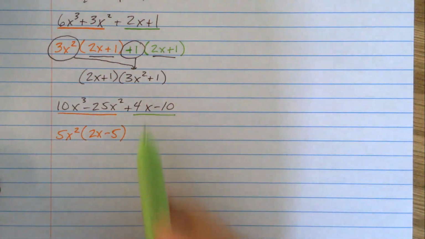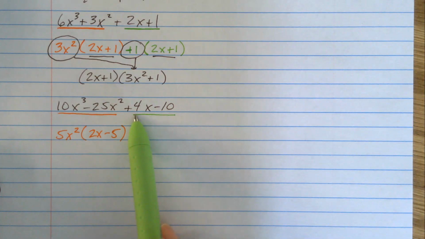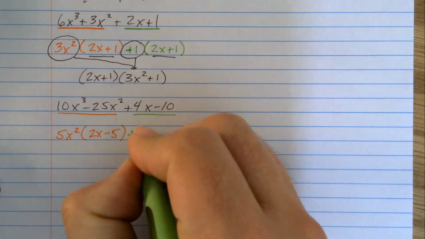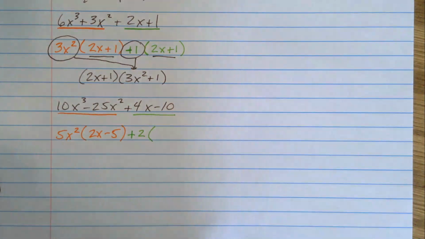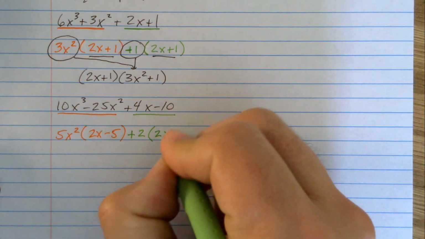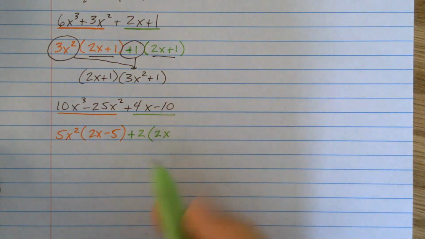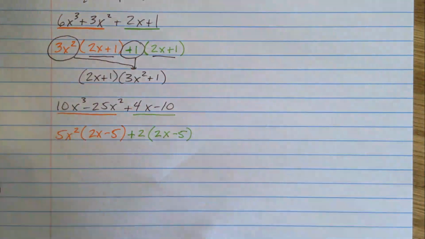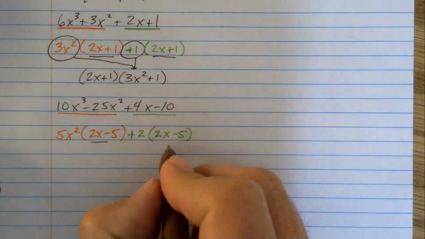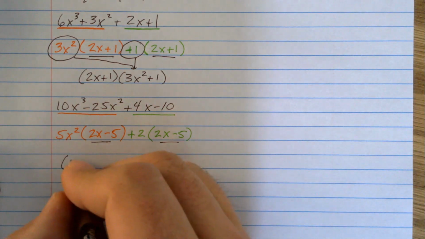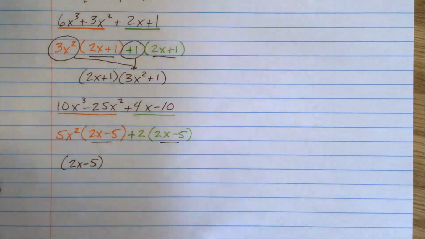The 4x minus 10: 2 is our GCF here, so I put plus 2. I divide both terms by 2. So 4 divided by 2 gives me 2x, and negative 10 divided by 2 is negative 5. And once again, if you look, the terms inside the parentheses are the same, so I rewrite 2x minus 5.